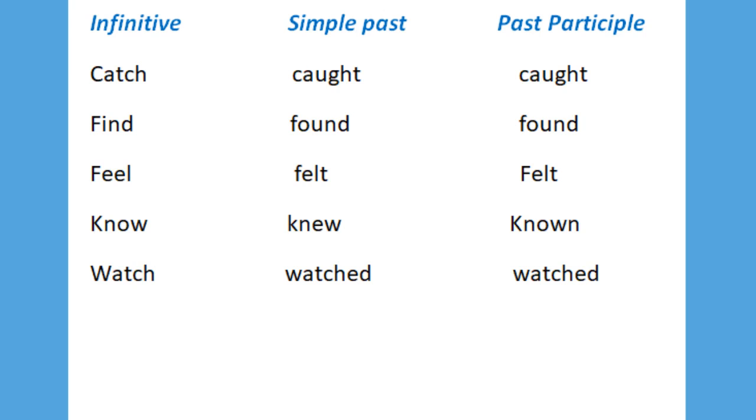Regular and irregular verbs are extremely important to memorize and master in order to understand the passive voice, especially the past participle. So here are some of the answers to the previous exercise. Catch, caught, caught, feel, felt, etc.